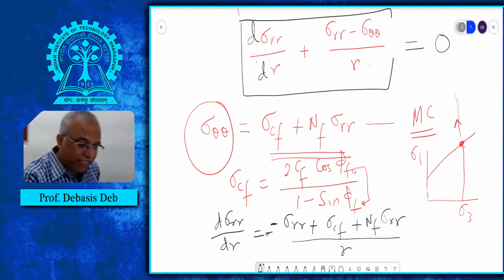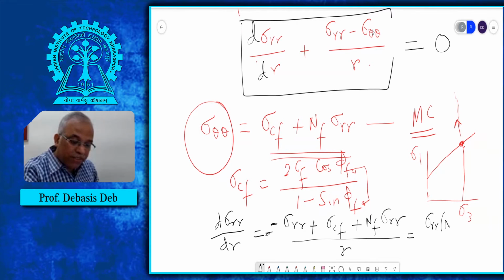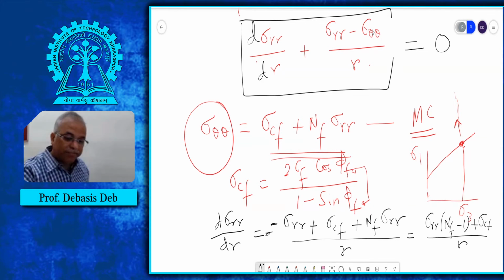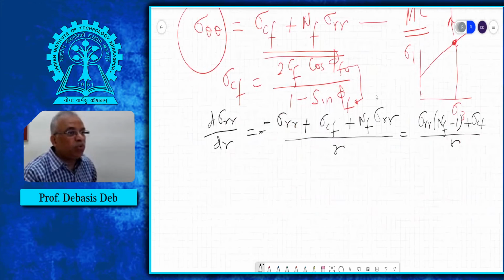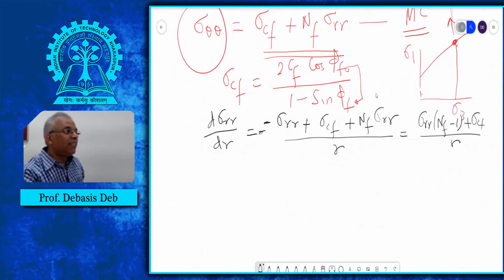I have taken it to the right hand side. So it will be like this. Or in other words, I can write sigma RR times NF minus 1, plus sigma CF, all by r. So now it becomes very easy for me to solve this.